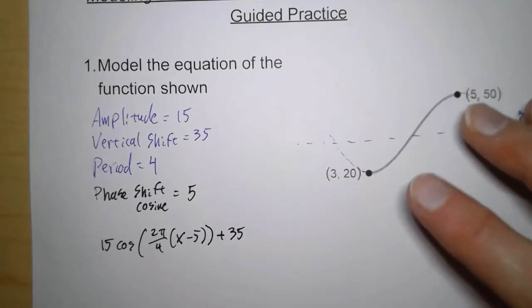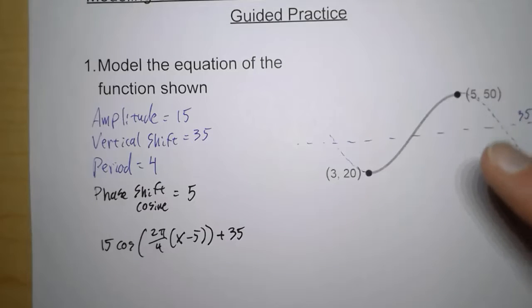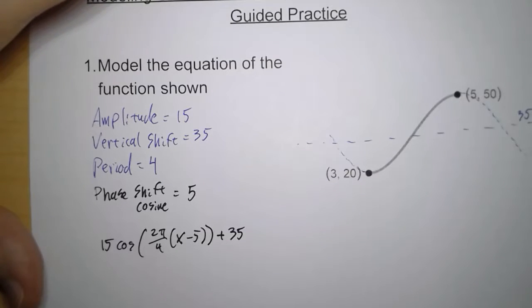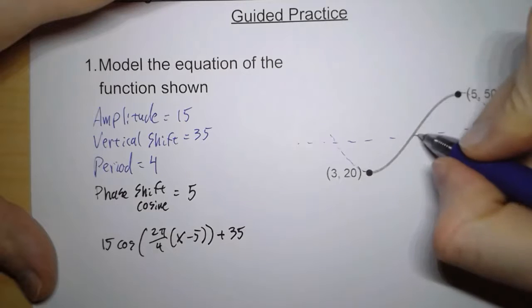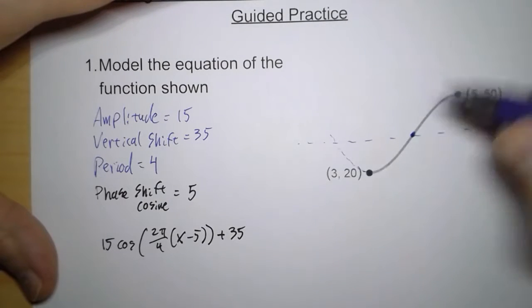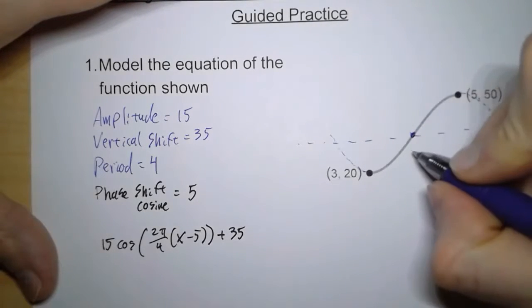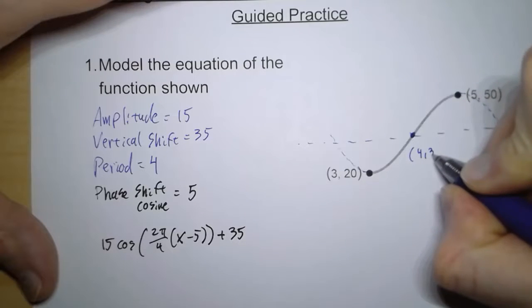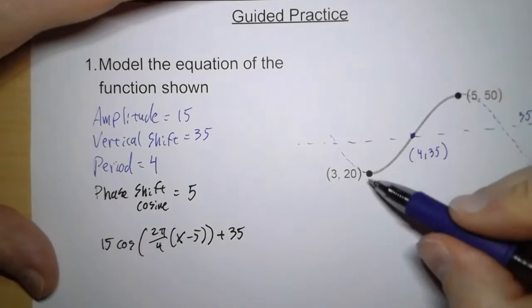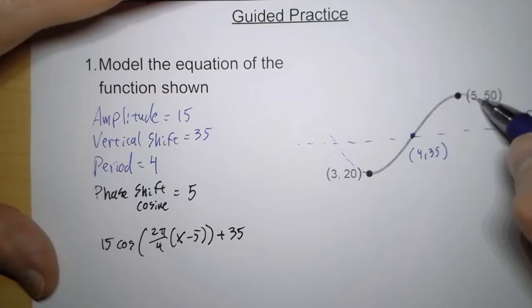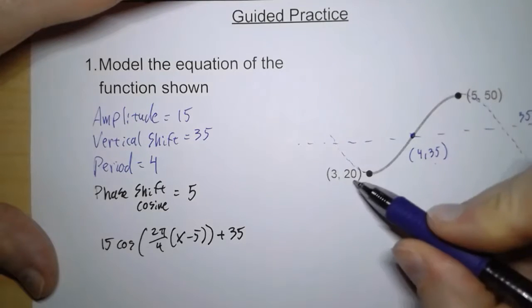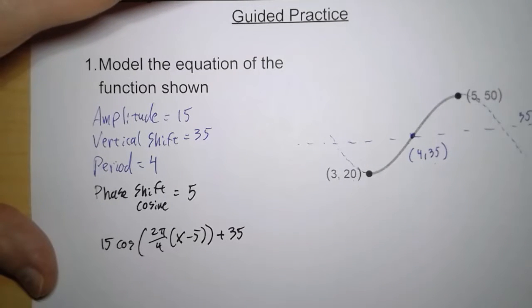But there's actually a multiplicity of answers that we could write. What if this were a sine graph? Well, that means we would want to know this point, which is going to be 4 comma 35. 4 because it's halfway between the x values 3 and 5, and 35 because that's halfway between 20 and 50.